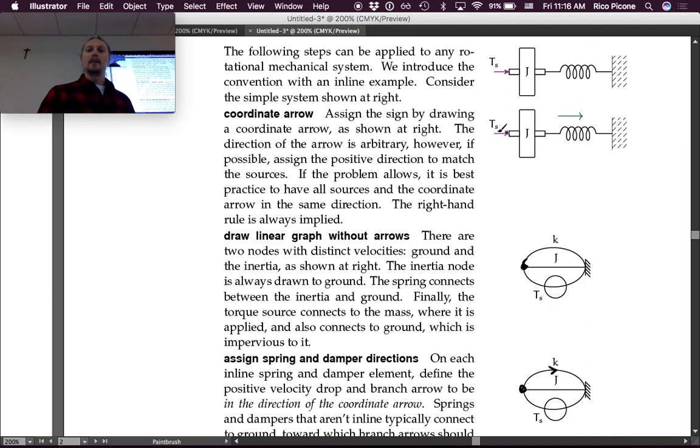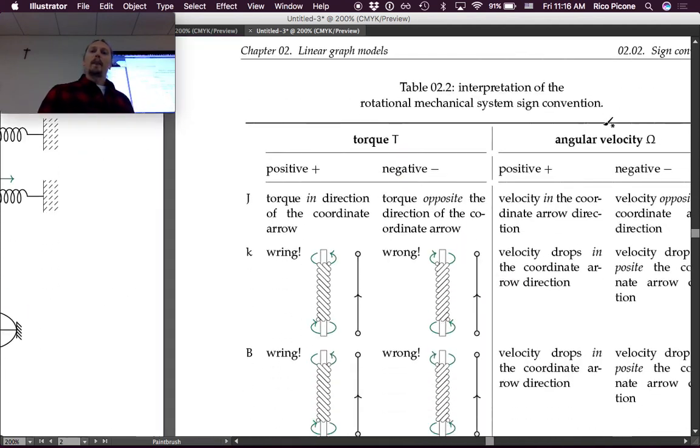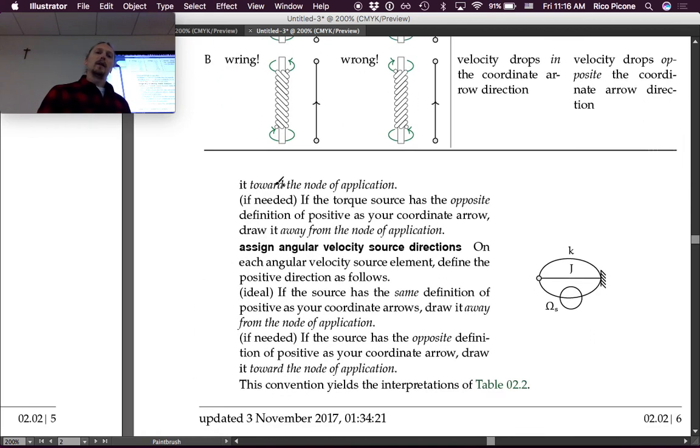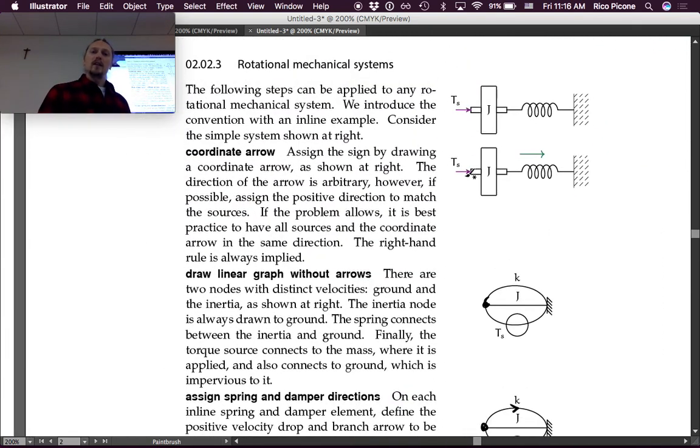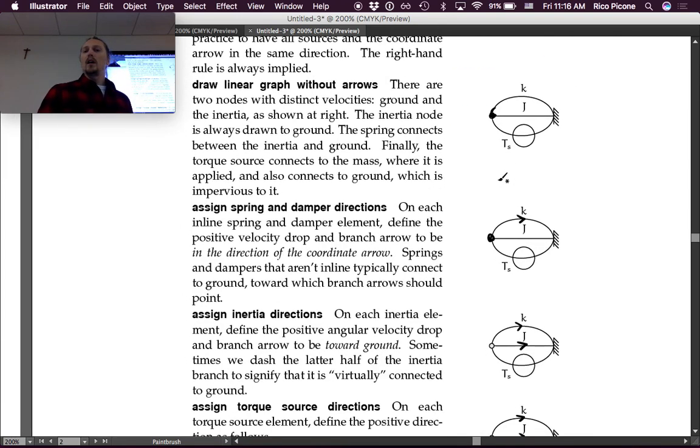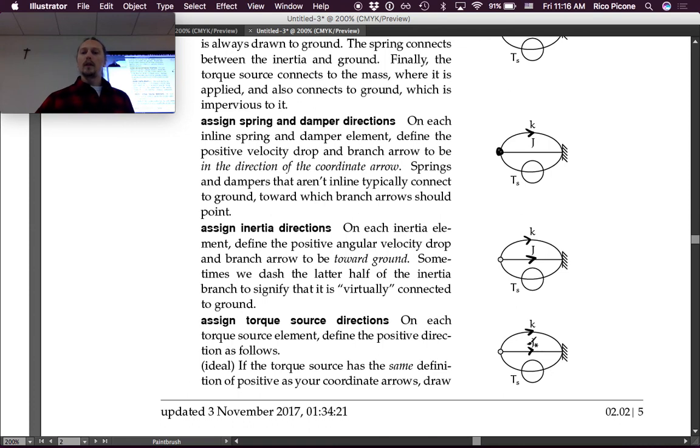We have our torque source to the right, and we have our coordinate arrow to the right. So that's what we've got. Then we use the following convention. We draw the coordinate arrow toward the node of application. The node of application of this torque source is this J node, the inertia node. So we draw the arrow toward that node.